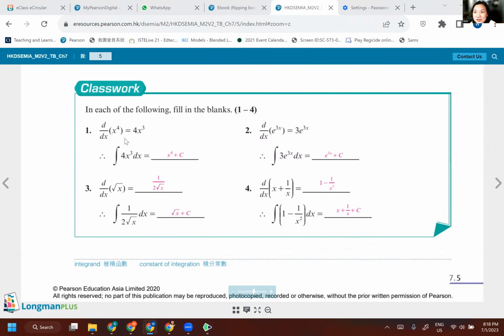You see the differentiation, right? And you write the integration here. Now maybe I change it back. I don't know how to make the answer go away. Now, if you have the book, can you practice now?